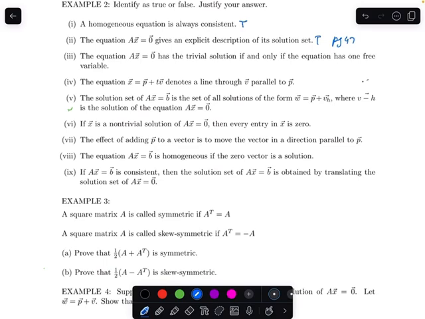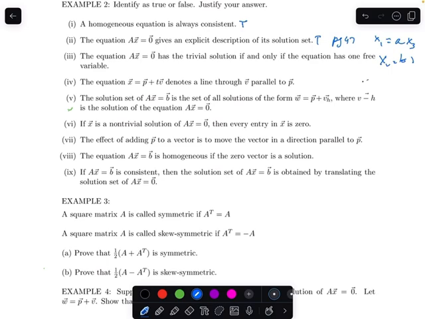that when we have a non-trivial solution for the homogeneous equation, that will occur when we have at least one free variable. So if we have 3 variables, x1, x2, x3, and x3 is the free variable, we can always write x1 equals ax3 and x2 equals bx3.